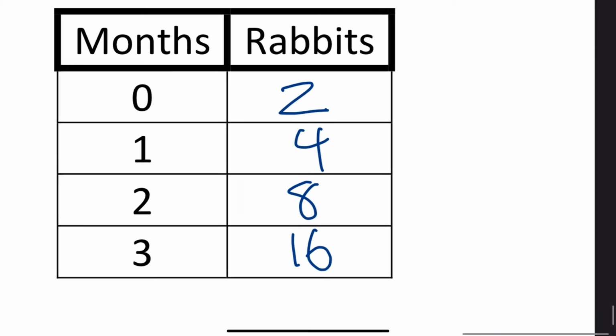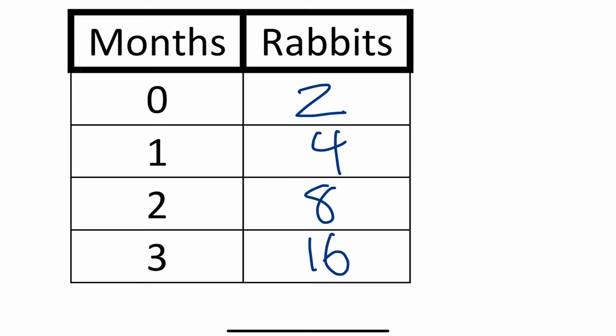What we can do is just take a look at the rabbits. That's the only part we need. So we need 2 that are next to each other. We're going to deal with our 2 and our 4. To see how much it's increased by or what it's multiplied by, we can just take that bottom number, 4, and divide it by the top number, 2. Now 4 divided by 2 is going to be 2.